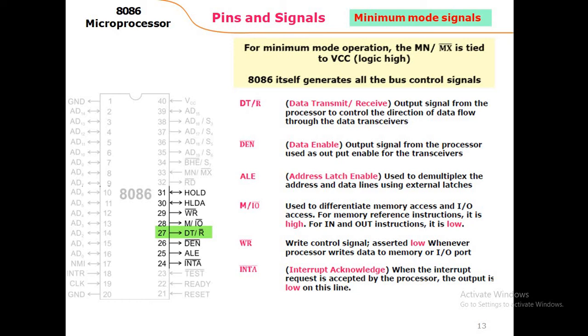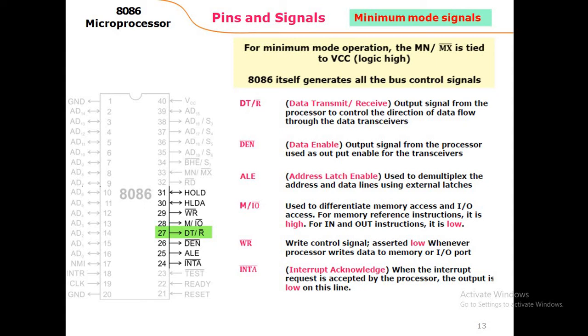ALE, that is address latch enable, which is used to demultiplex the multiplexed address and data lines. M/IO bar: if it is active high, memory related operations are performed. If it is active low, IO related operations are performed. WR bar is a write control signal which is active low.